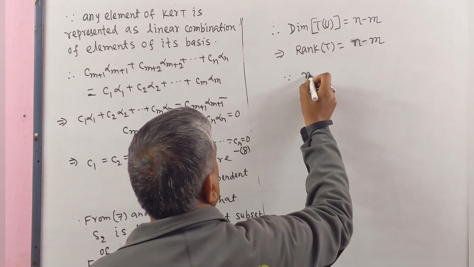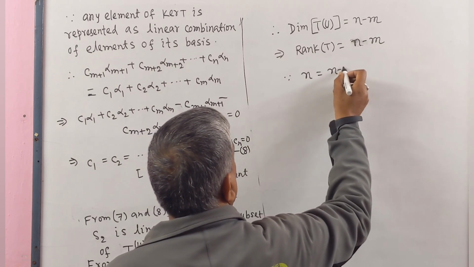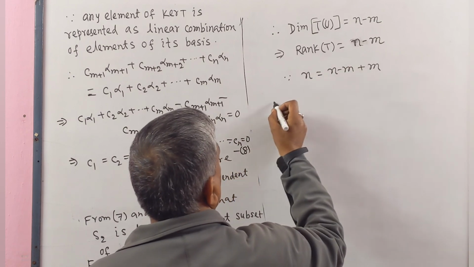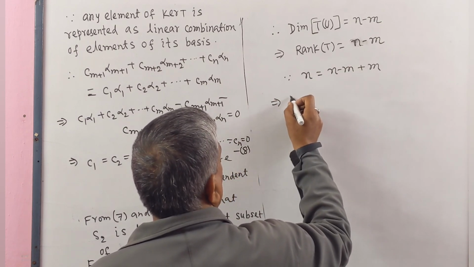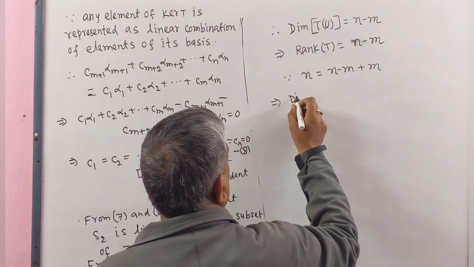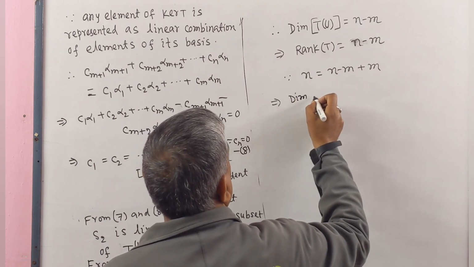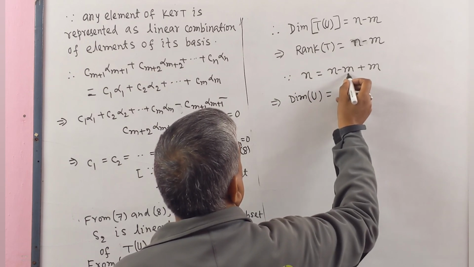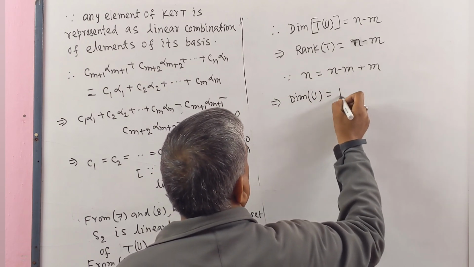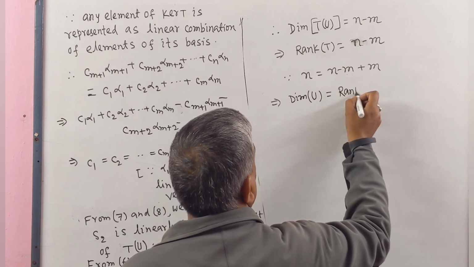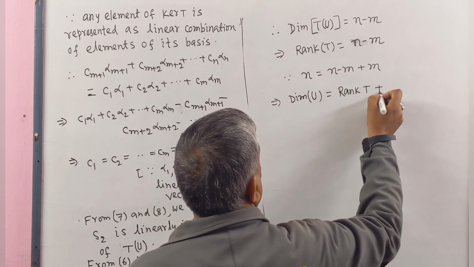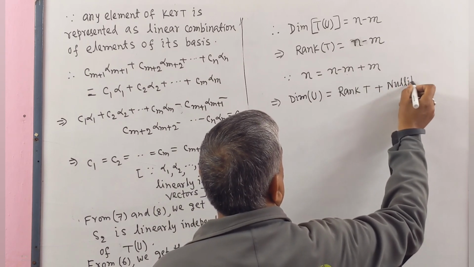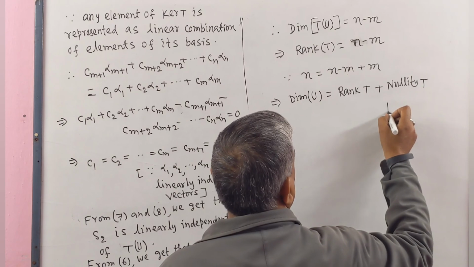Since n equals n minus m plus m, this n is the dimension of U, this is rank T, and m is nullity T. Proved.